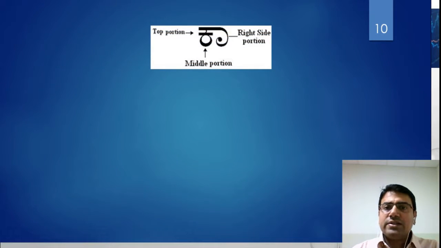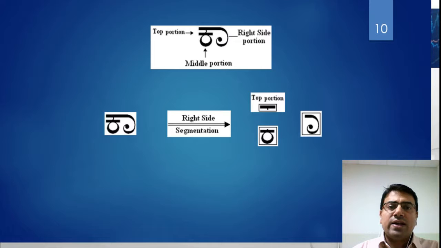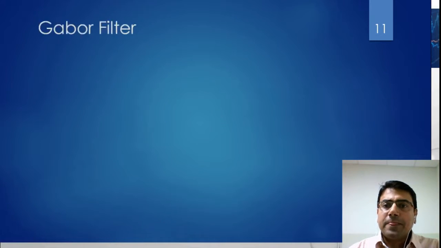If the character has both top as well as right side portions, then we go for top as well as right side segmentation. After extracting, we get the top portion, middle portion as well as right side portion from a character.